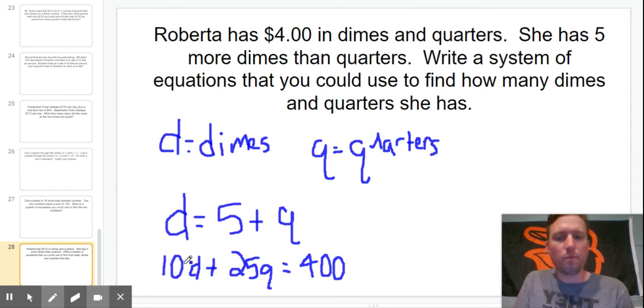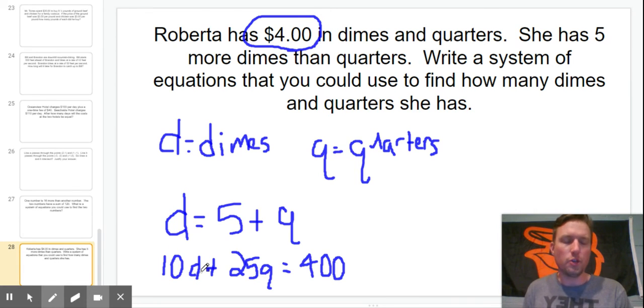Let's make sure that we understand what we're doing here. The dime value is 10 cents. The quarter value is 25 cents. That's where those numbers came from, because they're nowhere up here. And the reason I put those values in there is because we know that the total amount she has is $4. So this will help us to break out how much of each coin she has.